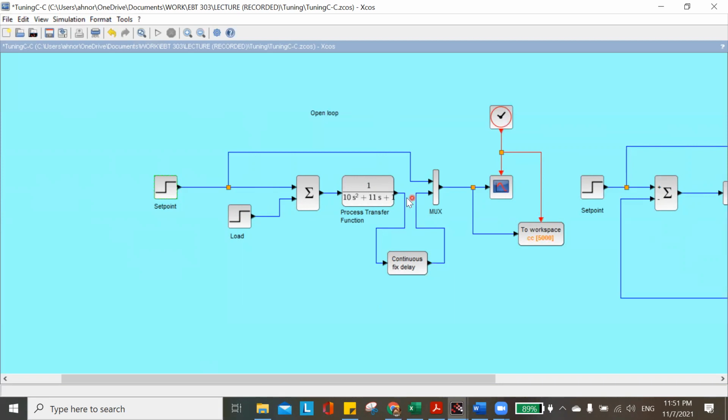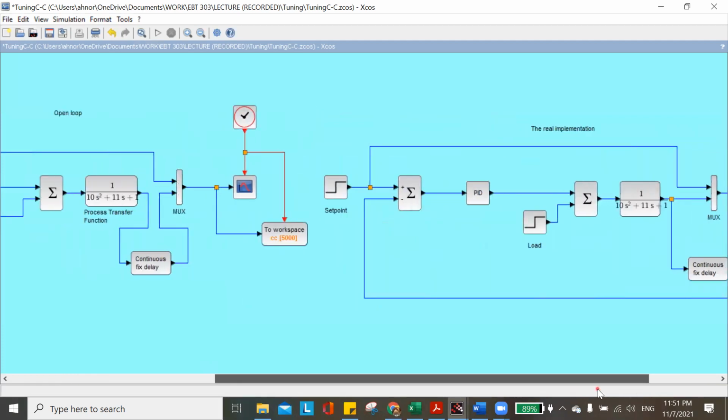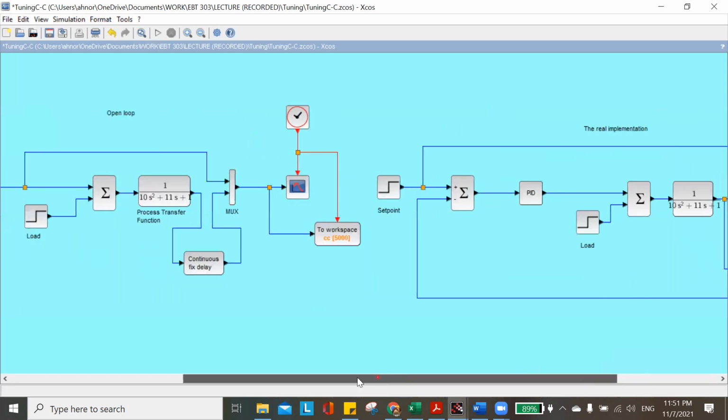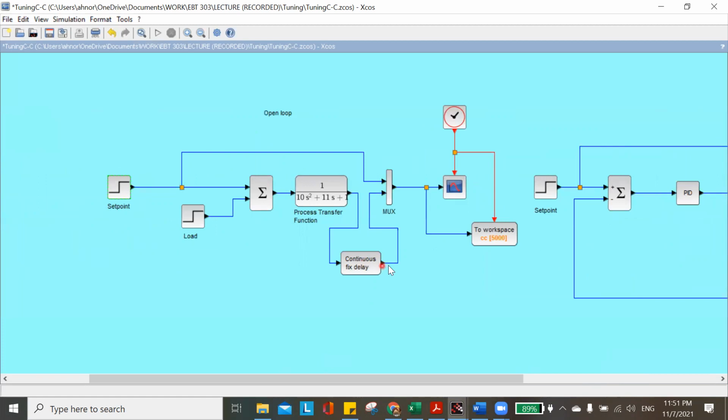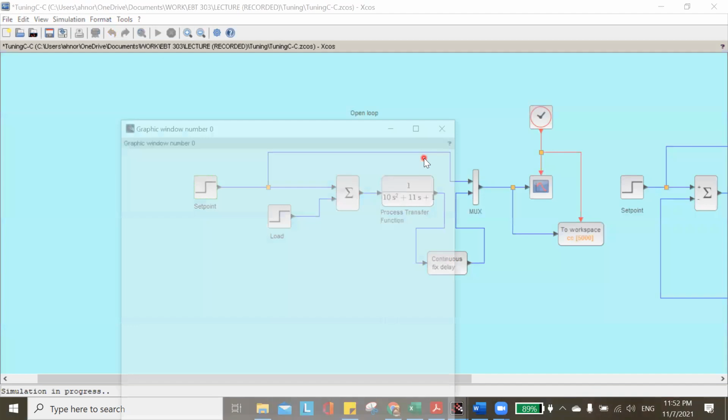The only thing is that the output of the process transfer function is input for the transportation delay, and then back to the output. In the original block diagram, after leaving the process transfer function, it goes to the transportation delay and the measuring element back to the system. But here, after the transportation delay, it goes to the output. So now it becomes open loop. So I run the system.